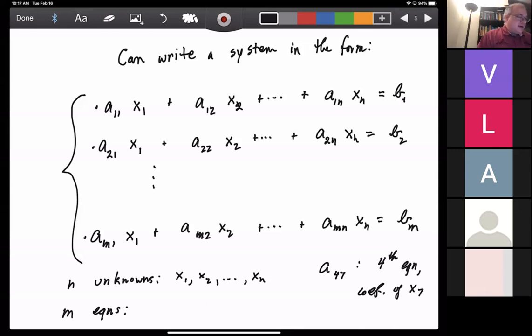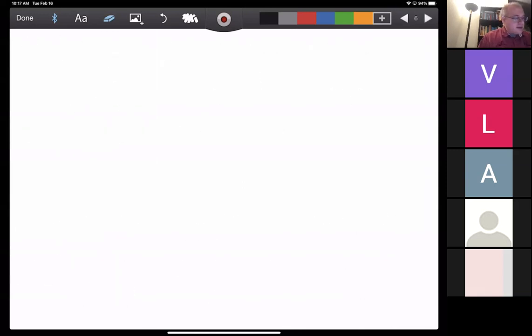All right, so this is nice because it gives us a convention for writing things. Now we can actually make a matrix out of all of those coefficients.